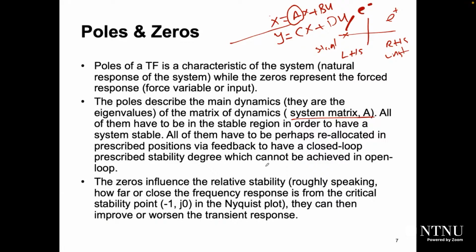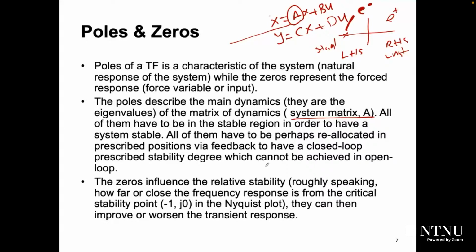We need to reallocate our poles to some locations which will achieve our performance. We can do this if we use a feedback closed-loop system, right? We cannot achieve this if you control your system in open loop, because when you are controlling your system in open loop, you just provide a control signal to your system, but you can't control the system dynamics.